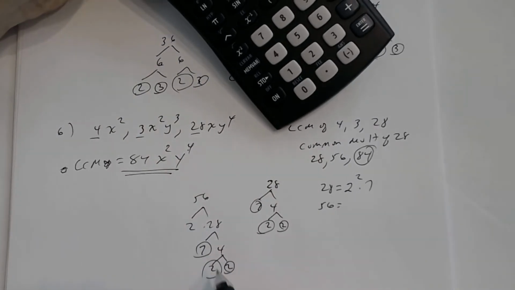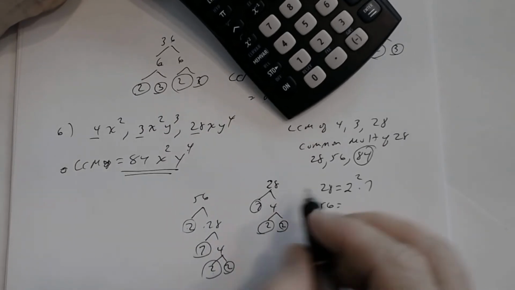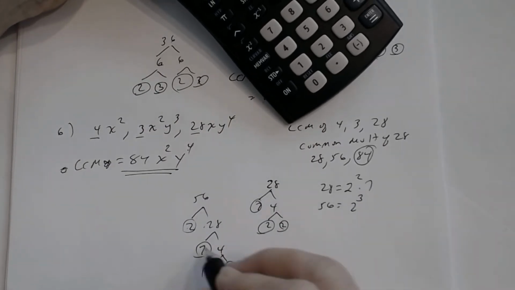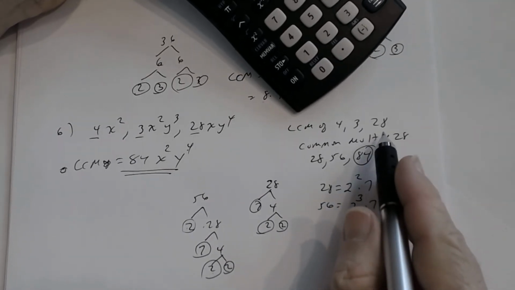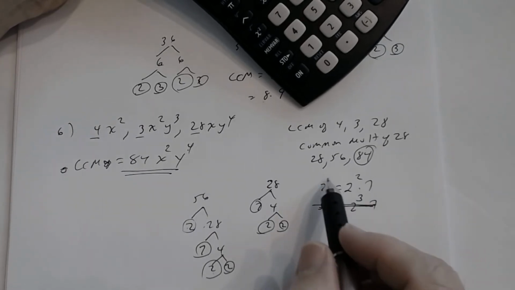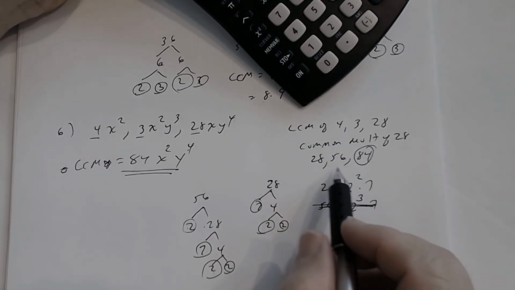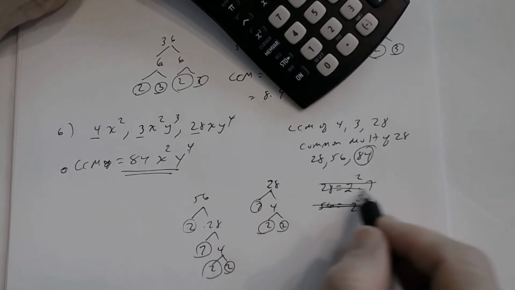And so I get 2 to the third power, because there are 3 factors of 2, and then 1 factor of 7. And then, oops, I'm sorry, I did not mean 56. Excuse me, it's my mistake. It's these I got to use. So I made the mistake. Okay, so let's do this again.